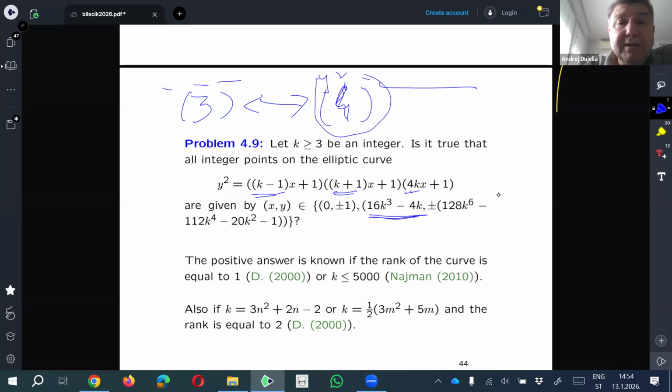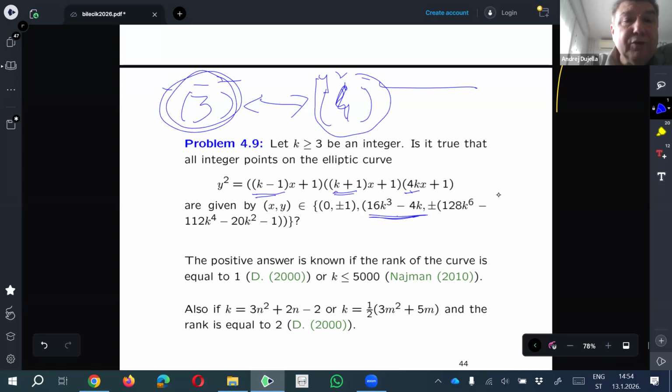So it means that I know how to solve problem 3 for this triple, but we don't know how to solve problem 4 in this situation. So this is, at least in principle, a harder problem: to find all integer points on this family of elliptic curves. If the rank is as small as possible, then the answer is that there are no other points. If the rank is larger, but we know the reason why it is larger, we also know the answer.